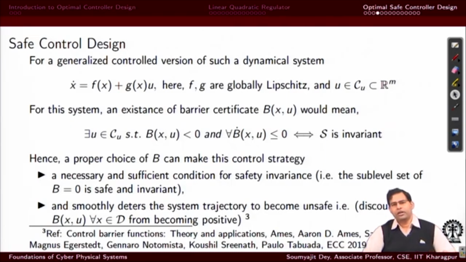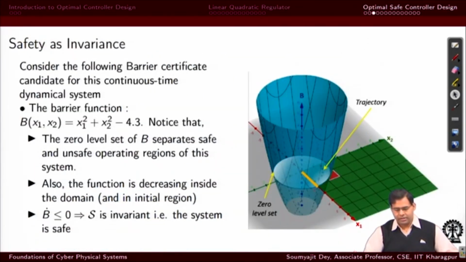Whatever is given as S, you restrict your trajectory to a smaller part or maybe the full part of S, and you define the barrier function in such a way that this entire S is a sublevel set or up to the 0 set. If you remember, the 0 set means where the barrier function value is 0, the sublevel means the barrier function value is negative, and the super level means the barrier function value is positive. That is how these sets are defined.